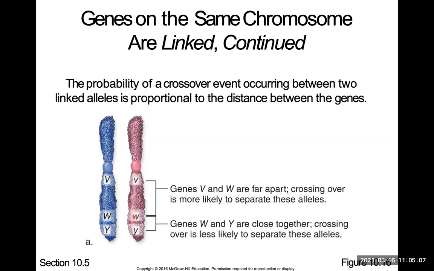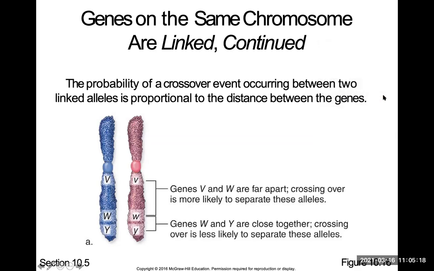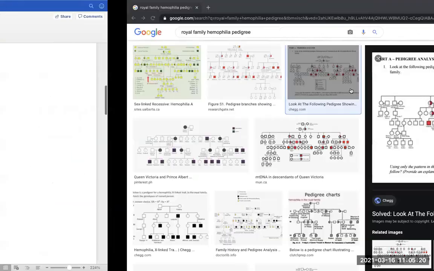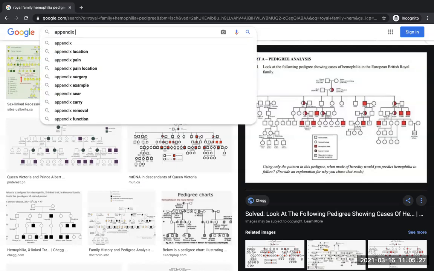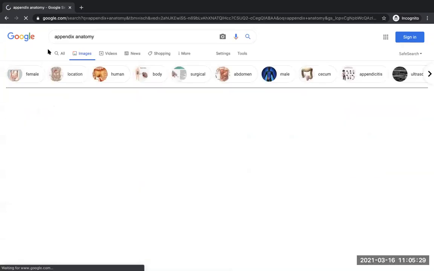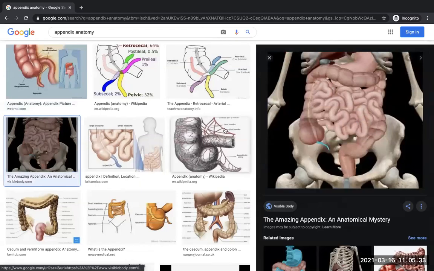Let's say that this gene is for your appendix. Do you guys know what appendix is? Anybody have their appendix removed? Nobody have their appendix removed? So appendix is this worm-like structure.